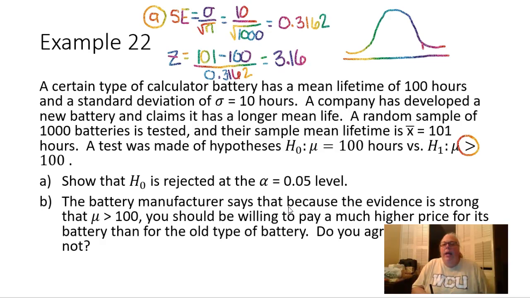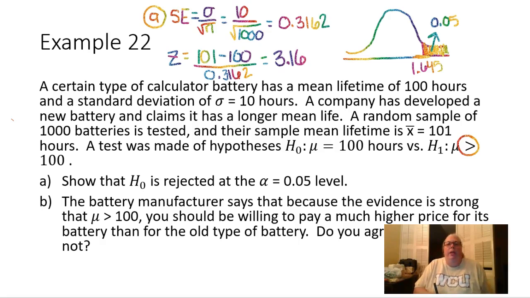I am looking for the value such that all of the area to the right, because we're doing a right-tailed test, is equal to 0.05. I need to pull up table A3 to figure that out. When I look down at the Z line under the 0.05, I see that this value is 1.645.